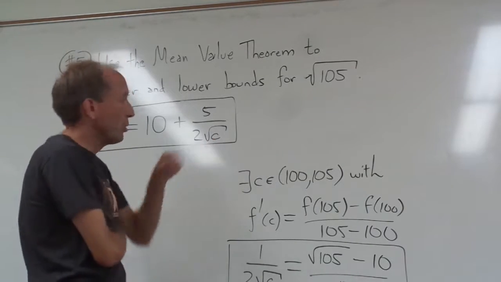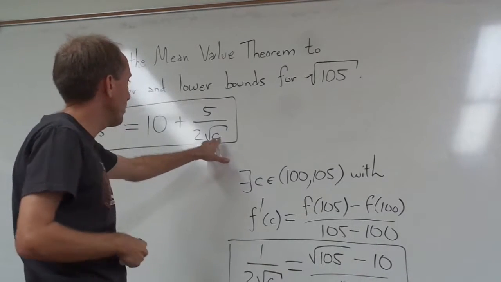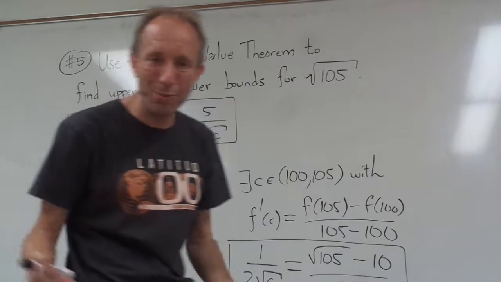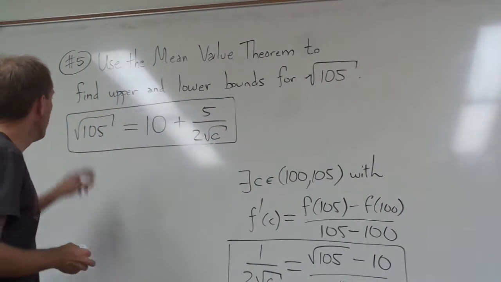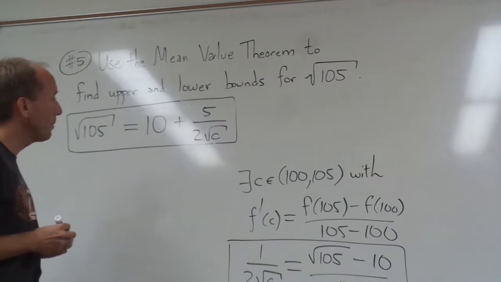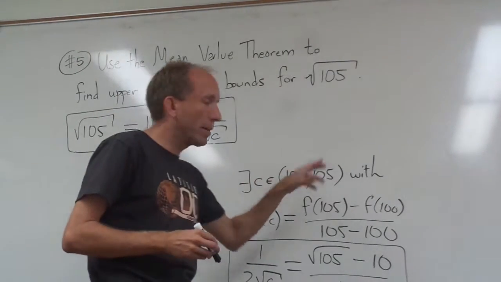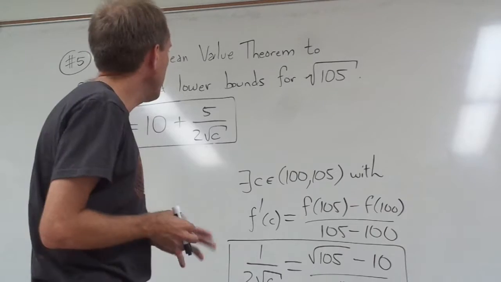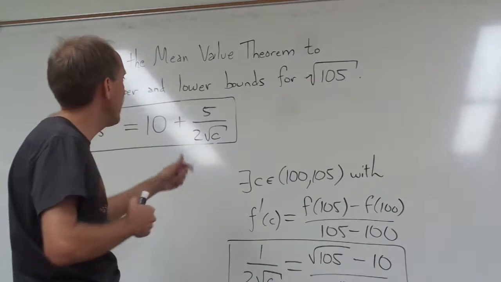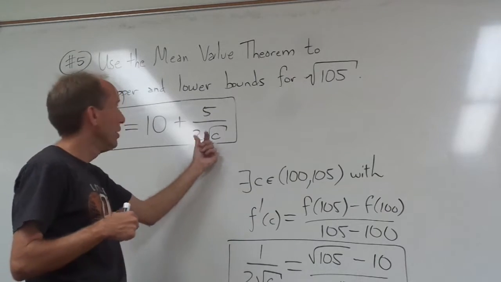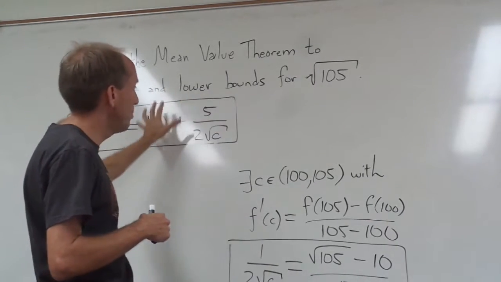I want to replace c with something else that we can actually evaluate so that we can get a numerical estimate for the square root of 105. Now notice that c is bigger than 100. So if I were to reduce c down to 100, that would make this denominator smaller, which would make this whole thing become bigger.